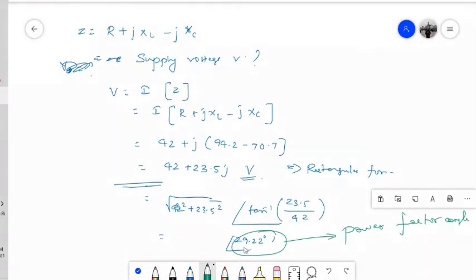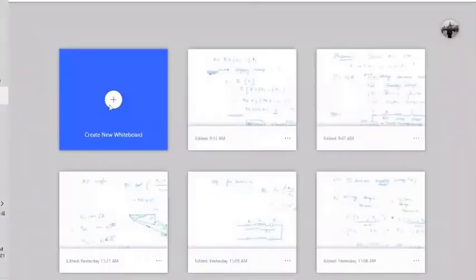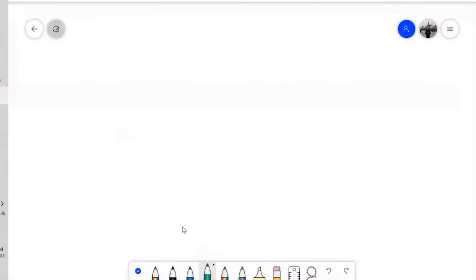So this angle will be 0 degree. So therefore, your cos 0 will be 1. So for the pure resistive circuit in which the inductor and the capacitance are absent, you will get a power factor of 1. I'll bring you this concept in the upcoming classes.